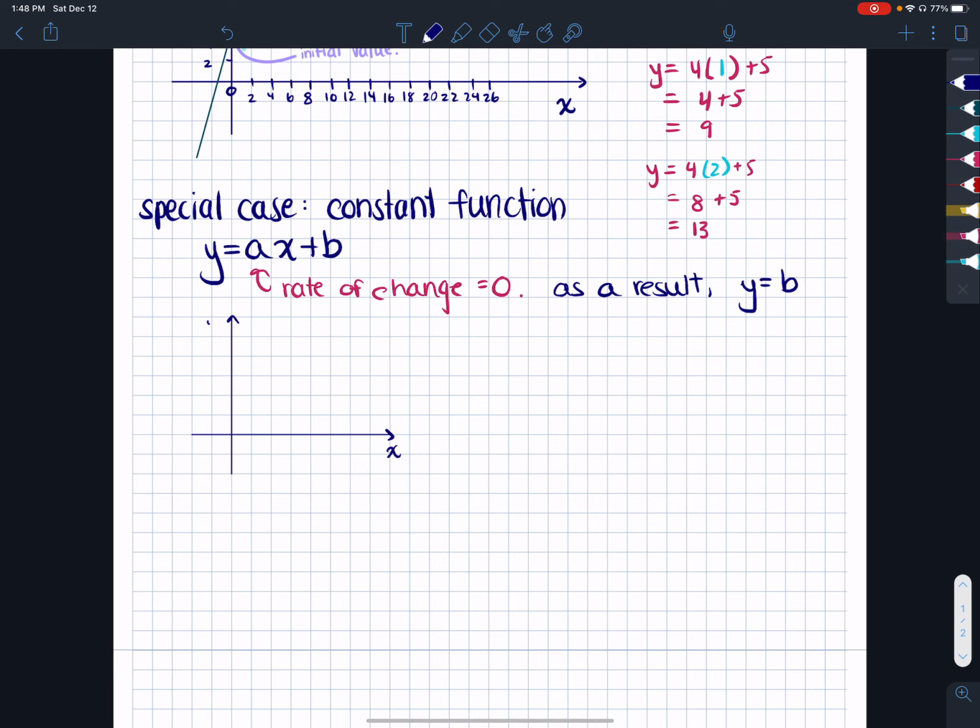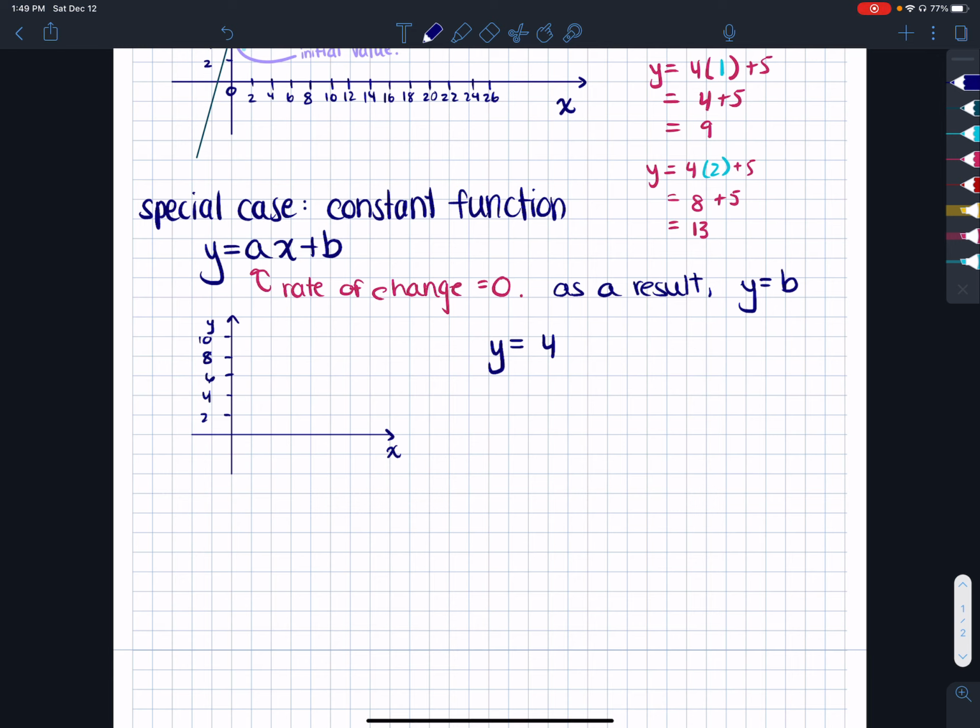So we have x, we have y, and we'll just go by 2's again. 2, 4, 6, 8, 10. So if we wanted to look at the same kind of values, we can say y equals 5. But we'll use 4 since that's easier. Y equals 4.